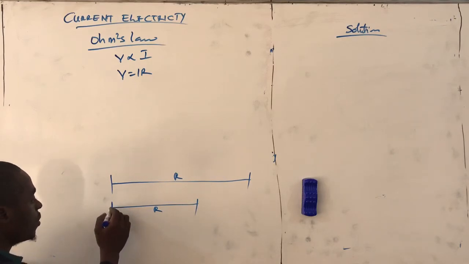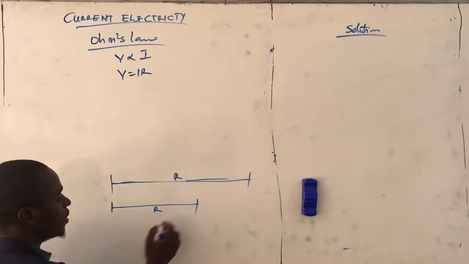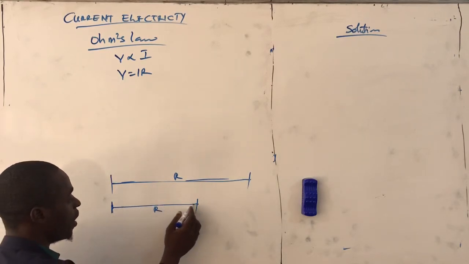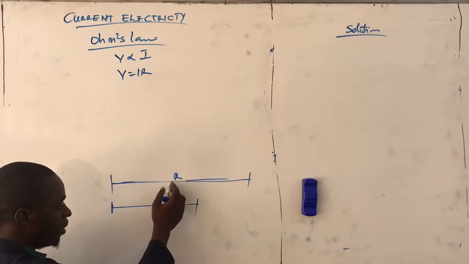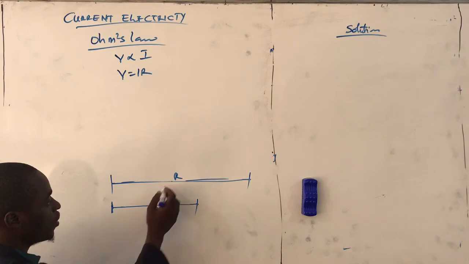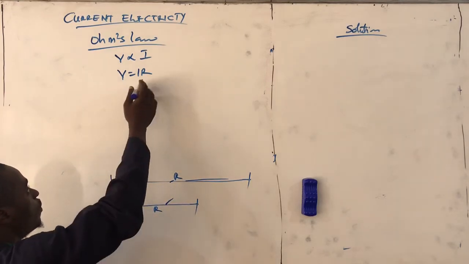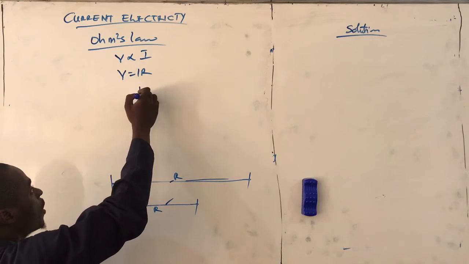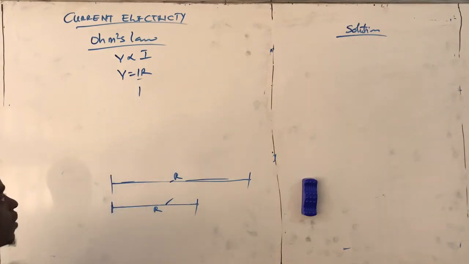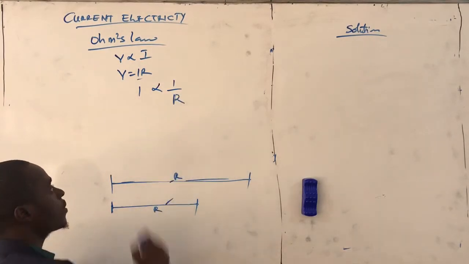Because the resistance here is bigger than the resistance here, the amount of current we supply in this one will be different from this one. This one will have larger, and this one will have smaller. Because if you look at this now, the current is inversely proportional to the resistance. Current is inversely proportional to the resistance.